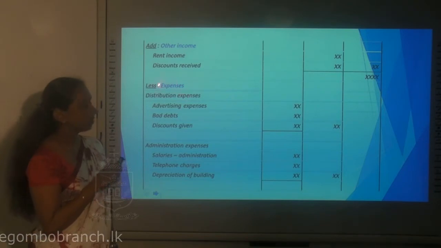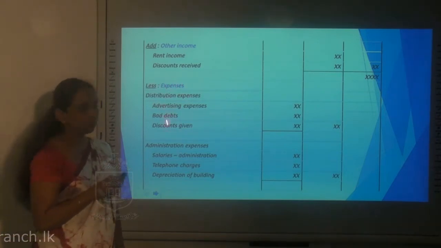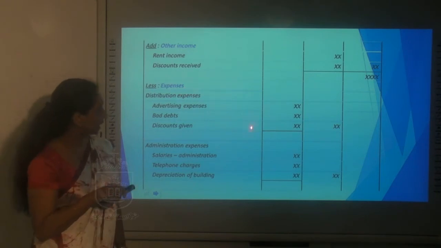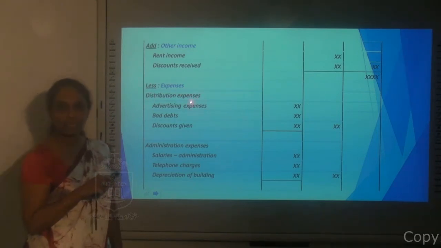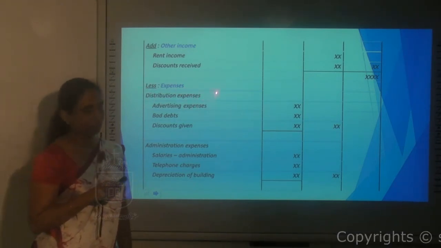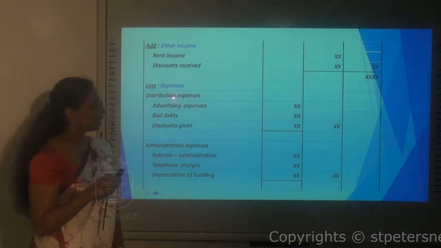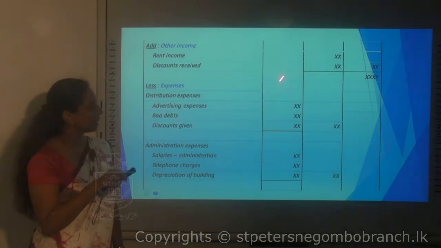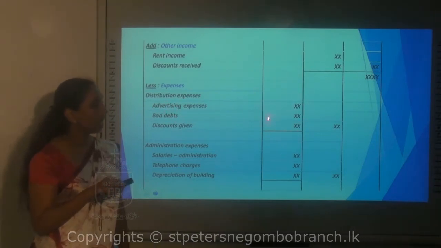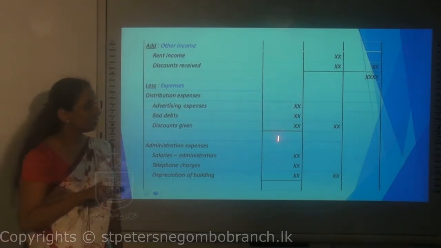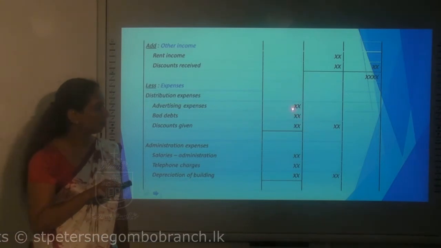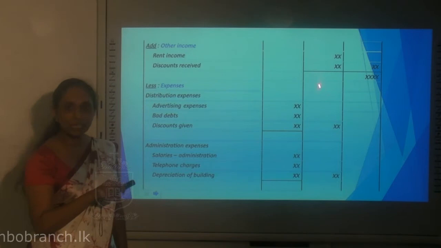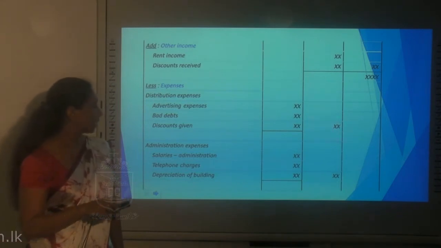Thereafter we have to deduct all the other expenses. Even in mentioning the expenses, we have to segregate them into 4 categories. First you have the distribution expenses, and the expenses are listed here, and the figures are mentioned in the first value column. The subtotal of this particular expense category will be taken into the middle column.